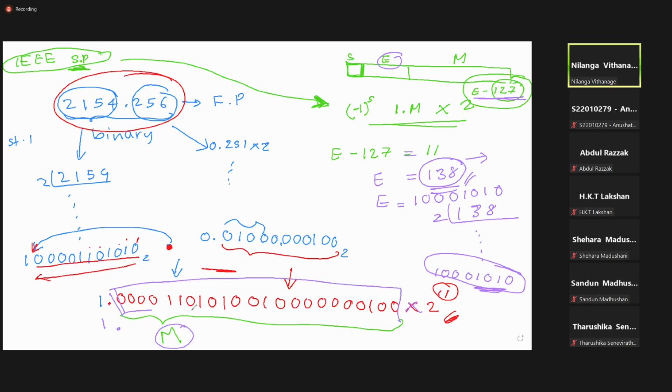You have to take all these numbers and put them here. You have to put the exponent here, and the sign bit, since there is no sign value, this is 0. So basically you can write the floating point number like this: sign bit, exponent.